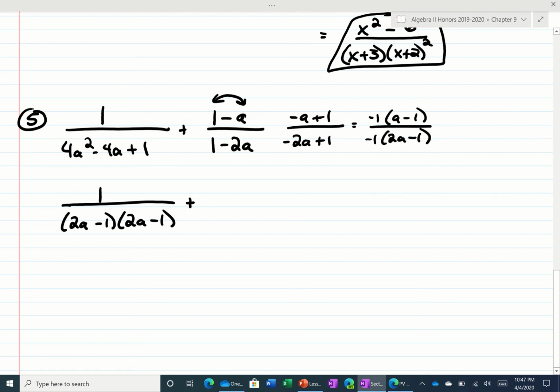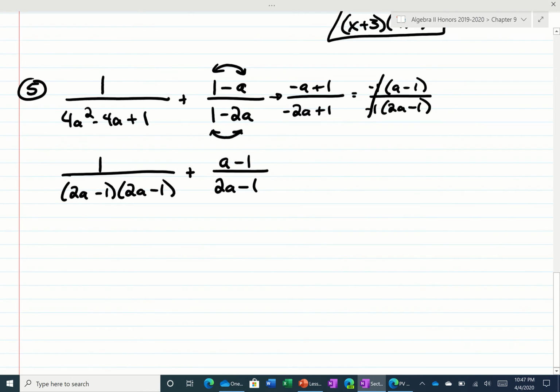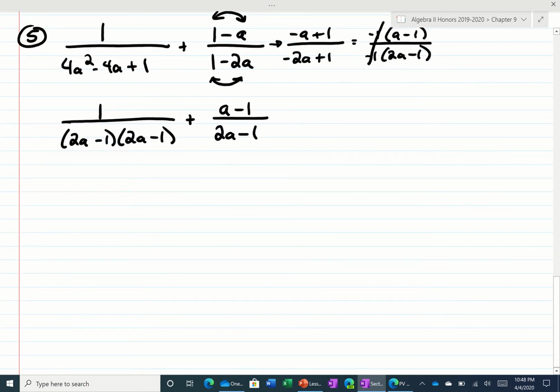So we could actually cancel out the factors of negative 1, and we're left with a minus 1 over 2a minus 1. So it's quite a bit easier to do this kind of problem if you could see that. If you could rearrange and factor out a negative 1, that makes it a little bit easier. It could still be done if you leave it alone, it's just more work.